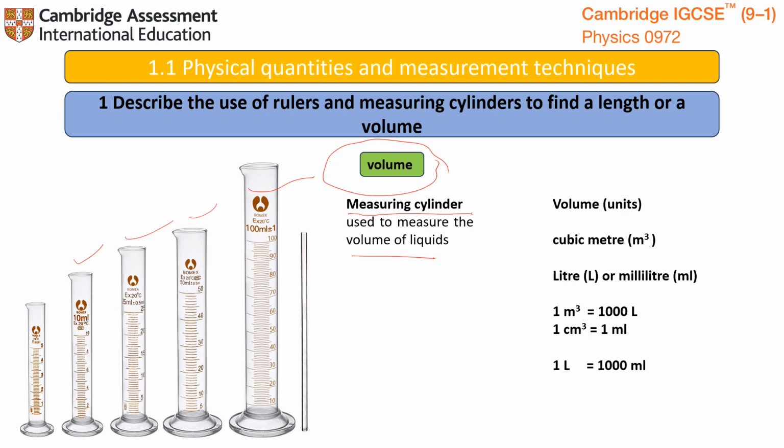Volume is measured as per SI unit in meter cube, and it is also measured in liters and milliliters. Here also we need to remember these relationships, that 1 meter cube is equal to 1000 liters, 1 centimeter cube is equal to 1 milliliter, and 1 liter of course is equal to 1000 milliliters.